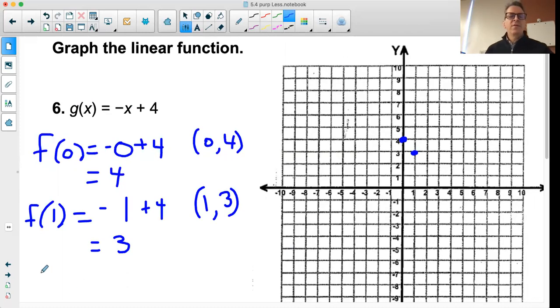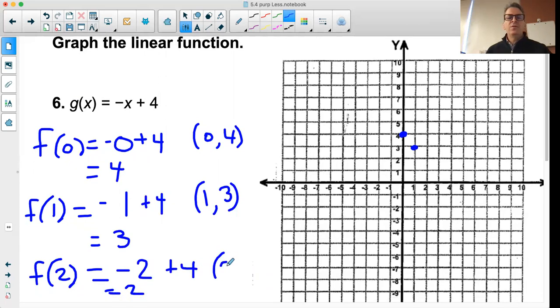One more, we'll do f at 2. f at 2 would equal the negative of 2 and then plus 4, which is positive 2. And the ordered pair there would be (2, positive 2).